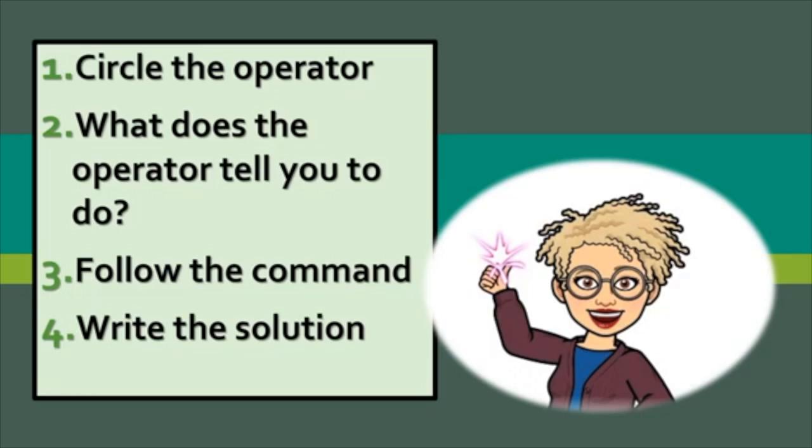Now, I want you to consider a new idea. How would I know what operation to follow if I only see words? Well, you're going to hold on to that idea for a little while longer because in our next lesson, we will be working with only words.